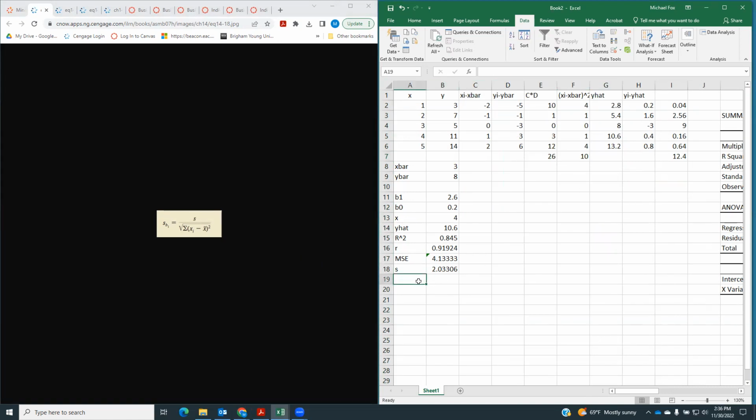So to find the S B1, which is the estimated standard deviation of this, we're going to say this equals standard error divided by the square root of 10. I guess I didn't need two parentheses there.